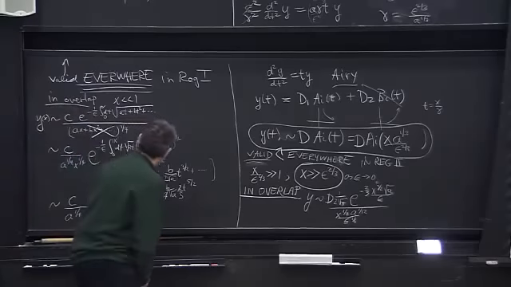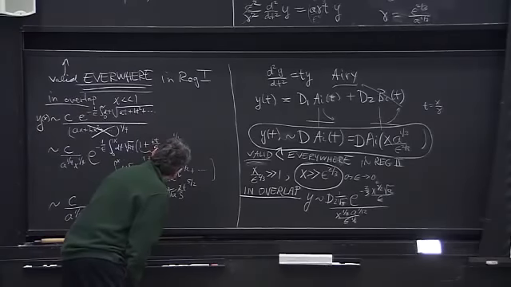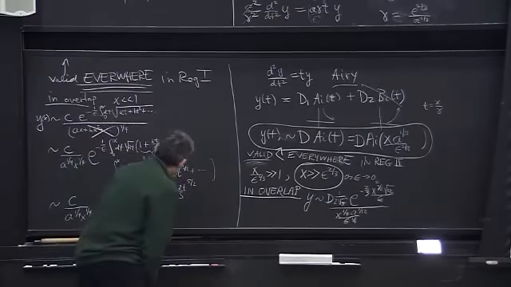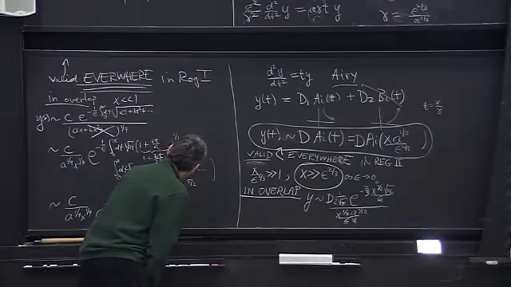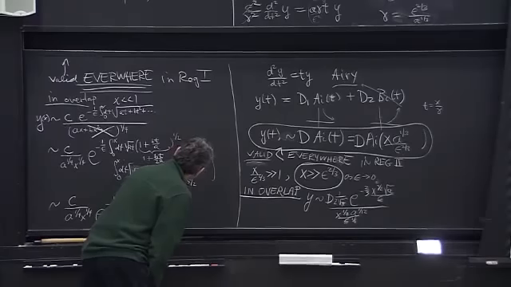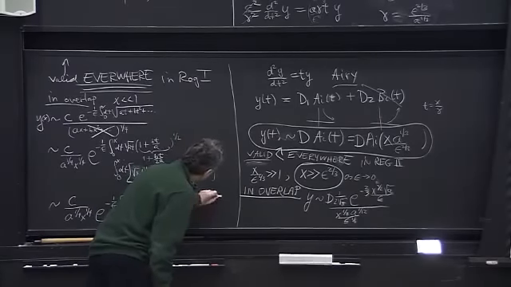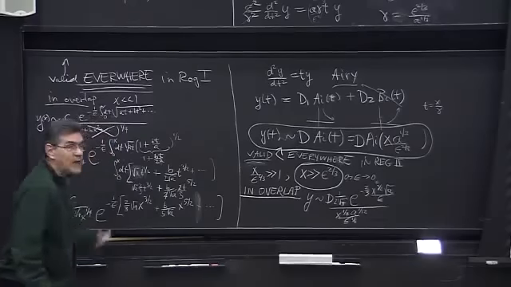And the next term is b over 5 square root of a times x to the 5/2. And plus more terms. Okay, I did the integral.